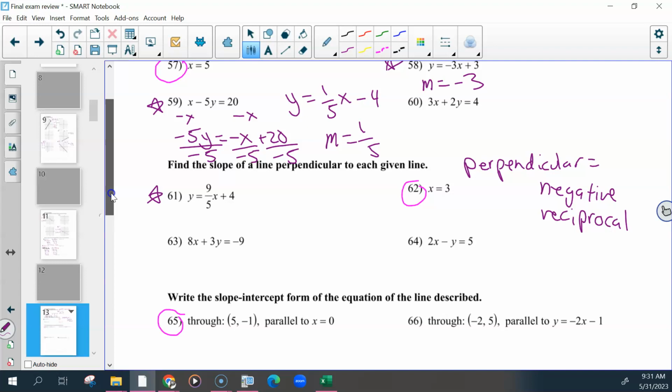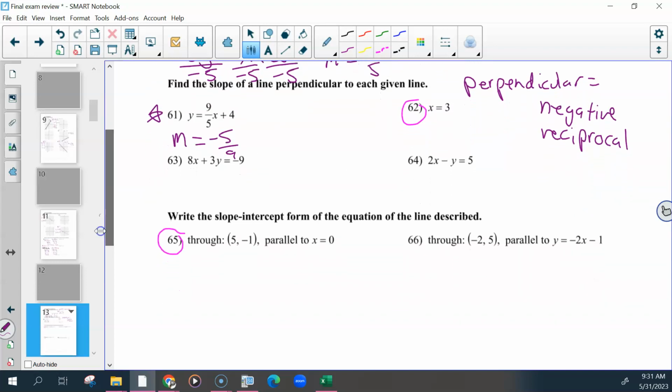If we took this slope and flipped it and made it negative, what would that new slope be? Then 68, I think, was the next one, and if we have any others, we'll go back to these.